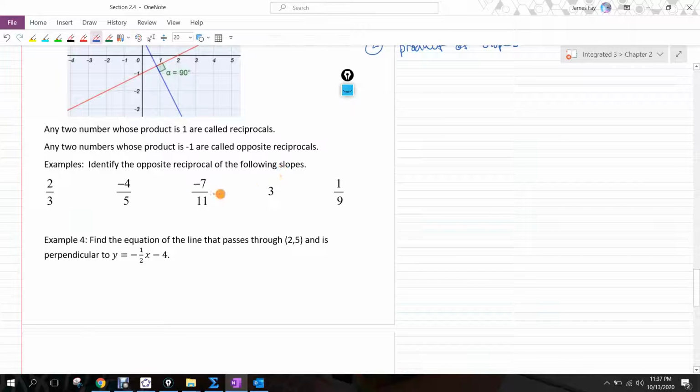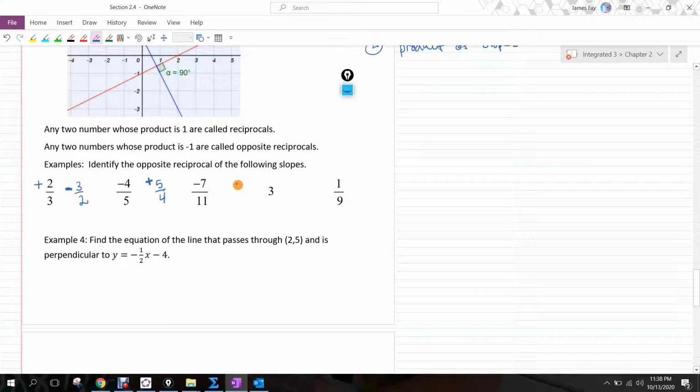Just some examples here of opposite-signed reciprocals. If I have 2/3, its reciprocal is 3/2. The opposite sign would be negative 3/2, because this was positive. Here this is negative 4/5, so the reciprocal would be 5/4, and because this was negative, this would be positive.